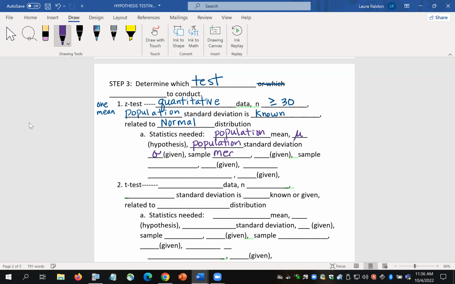You have your sample mean, which is X bar. You have your sample size, which is N. And you have what is called the level of significance, and we'll talk about what that is in just a minute, which is represented by the Greek letter alpha, the one that looks like a little fish. That's the Greek letter alpha.